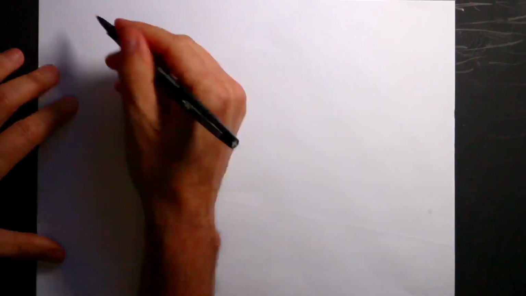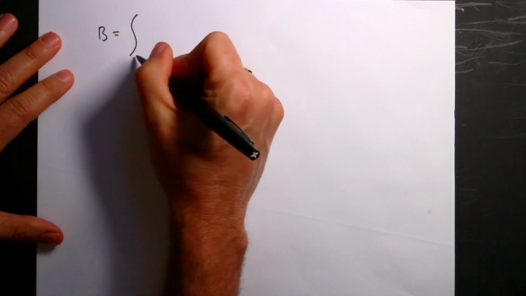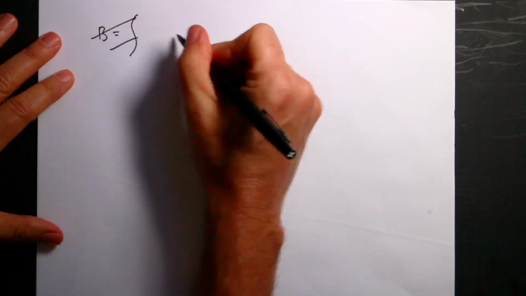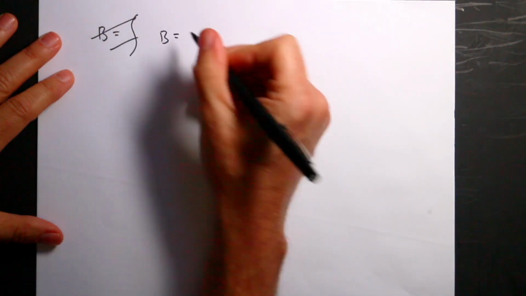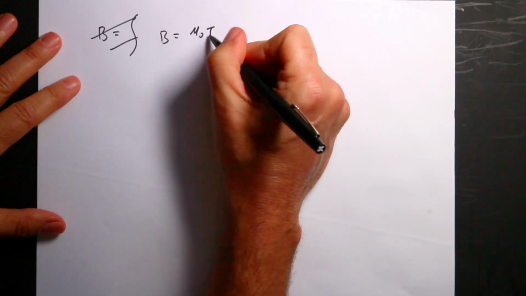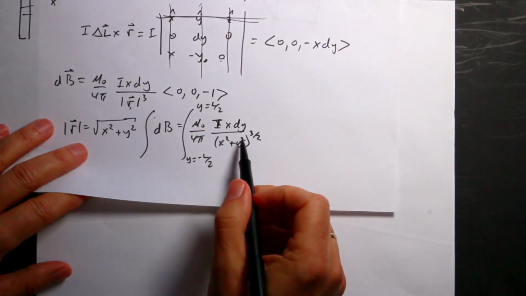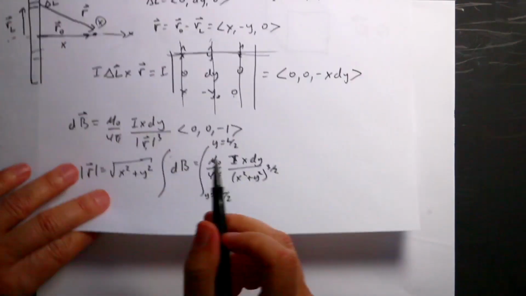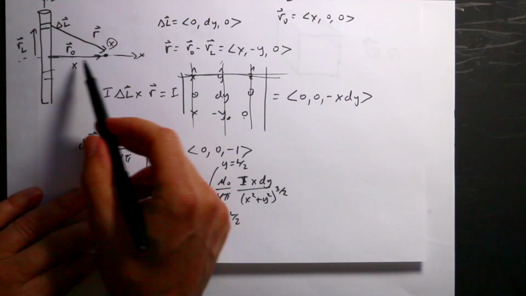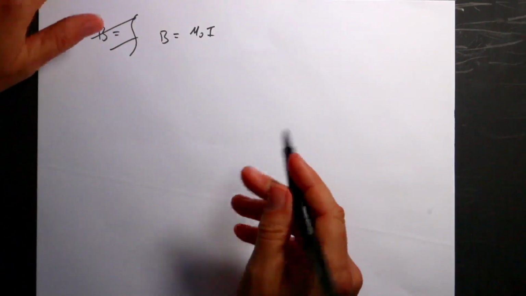So I get B equals the integral. B equals, I'm going to pull all the constants out front. So I have mu naught. I should point out right here, what is the integration? I'm integrating over y, not x, right? X does not change. X is this value. It's always the same. It's constant. It's a parameter. So in the integral, I can actually pull it out.